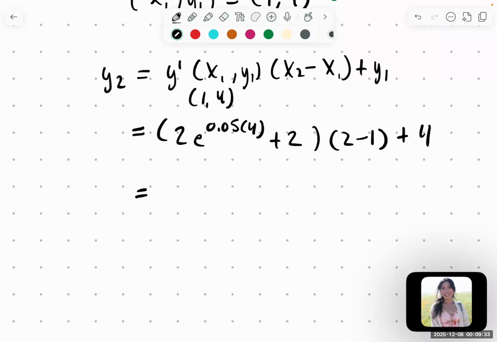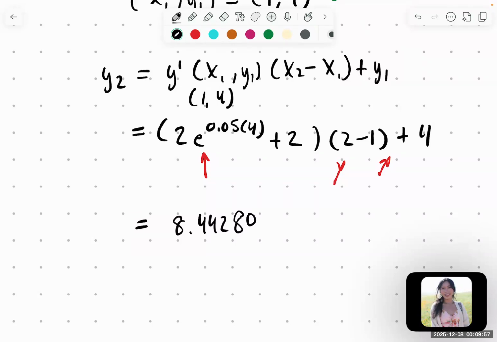I computed this equation first and then I computed the rest. And when you do this on your calculator, you should get 8.4428. I'm just going to round it to that.